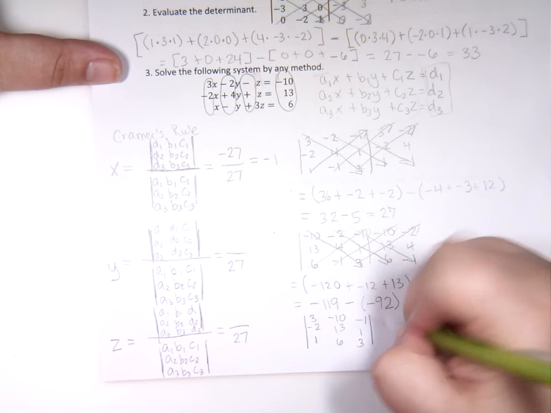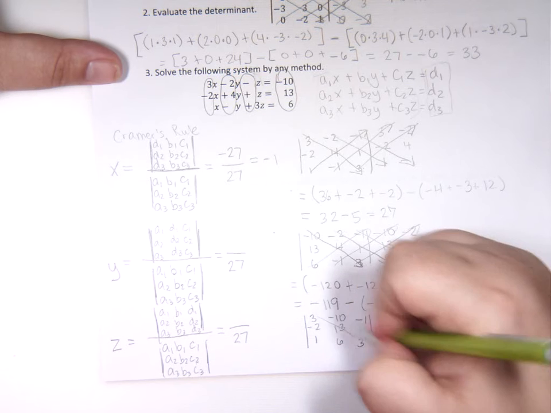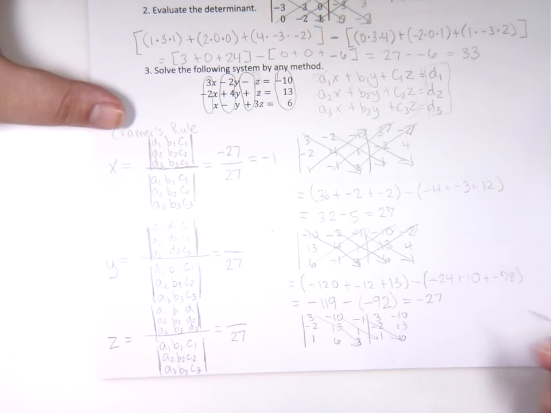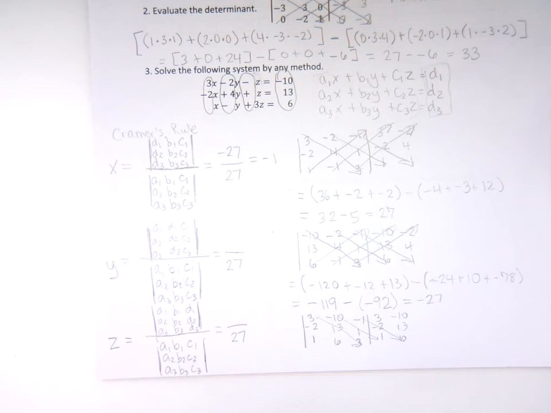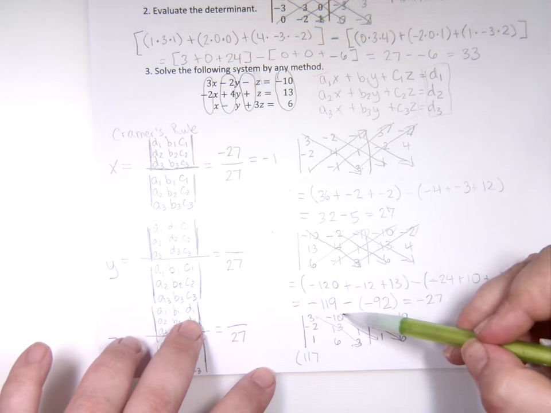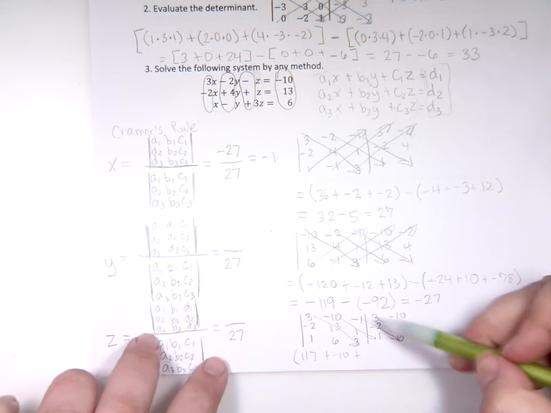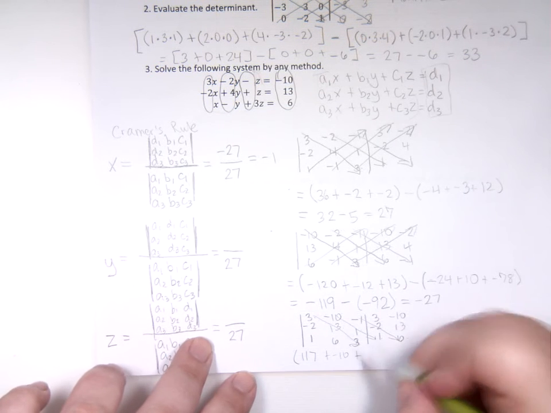Okay, so we're copying down the first two columns, multiplying down the diagonals, and we've got 3 times 13 times 3. So that's going to give us 117, and then negative 10 times 1 is negative 10, and then negative 1 times negative 2 times 6 is going to give us a positive 12.